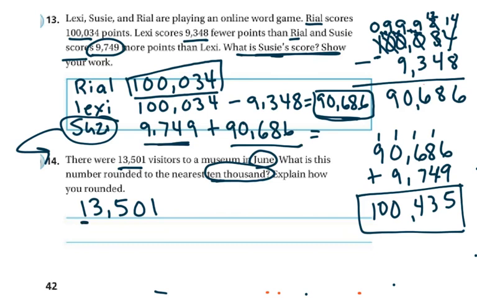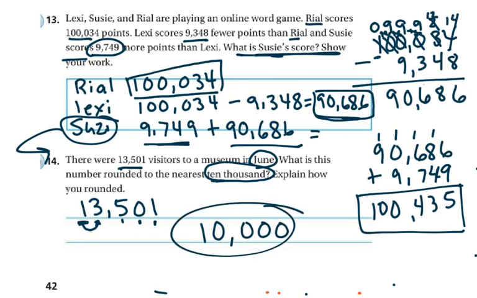Because we've got our ones, our tens, our hundreds, our thousands, and our 10,000s. So I'm looking next door to see if it has enough power to change this 1 to a 2, and it is a 3. 3 is not bigger than 5, so it does not have enough power. So the number rounded to the nearest 10,000 is going to be 10,000.